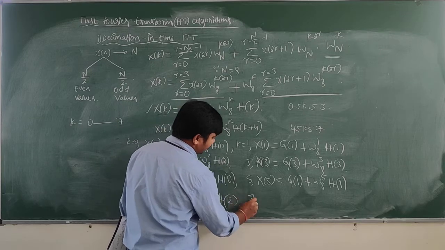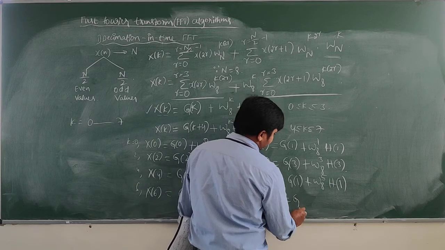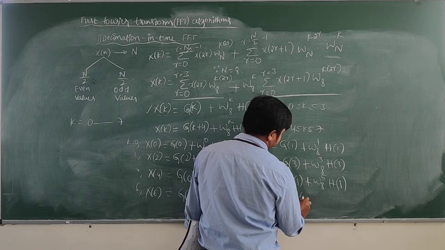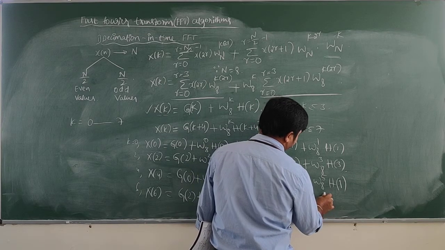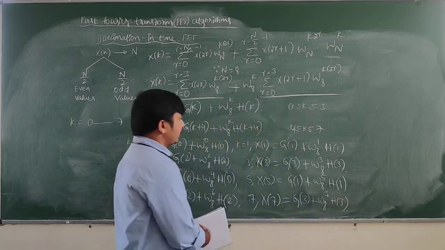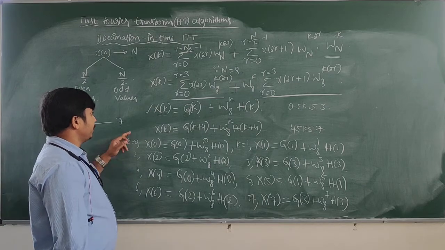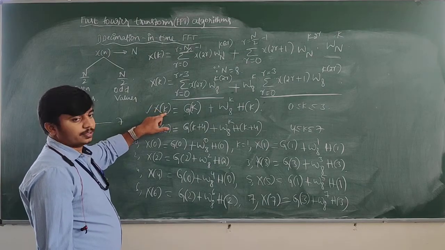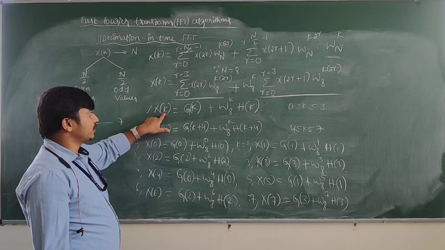Then put k is equal to 7: X of 7 is equal to g of 7 minus 4, which is 3, plus W8 power 7 into h of 3. Understood? Here I have substituted the values for this k in this equation, not the other equation.